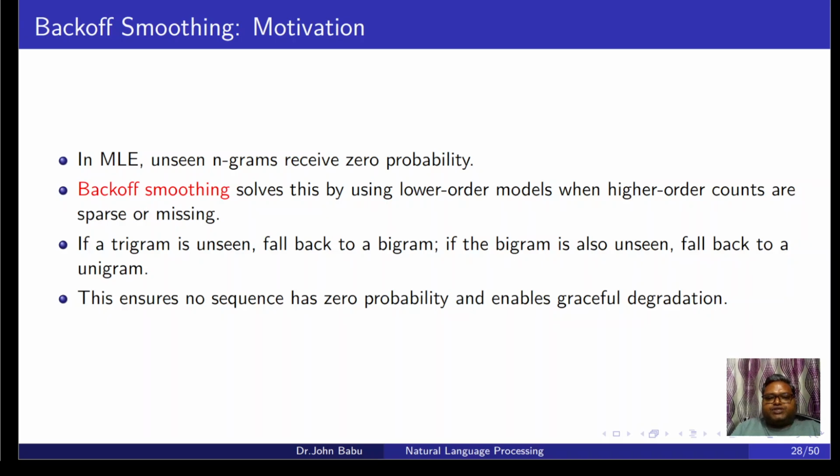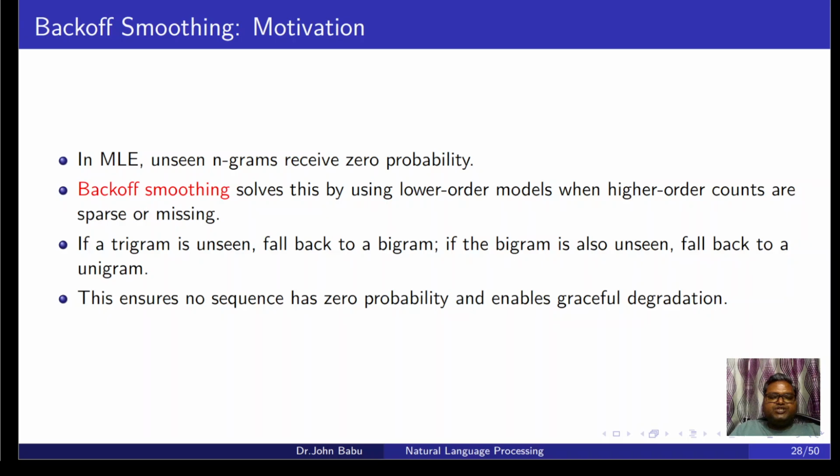So in the previous lecture, we talked about what is maximum likelihood estimation and the problem of zero probability. If an n-gram is not found in the training data, it is assigned zero probability, but in real situations, the probability is not zero.